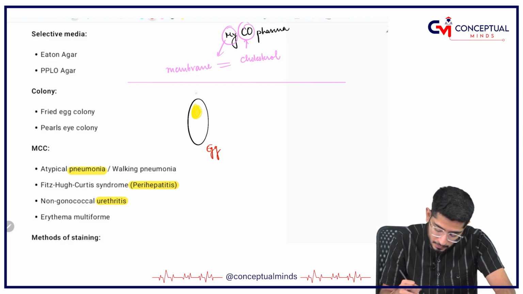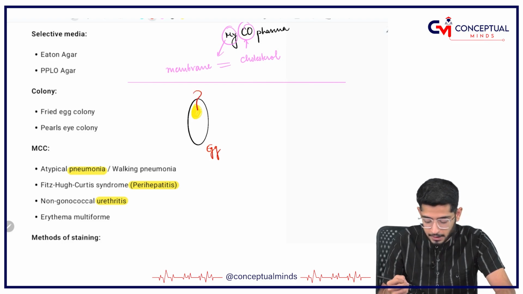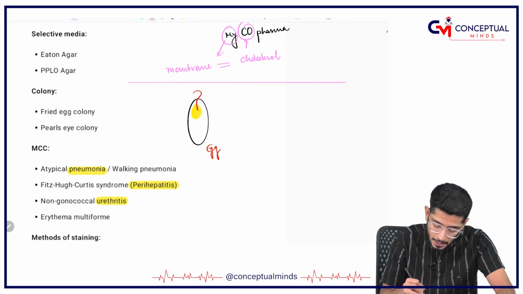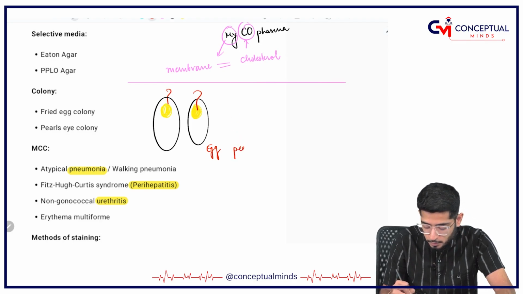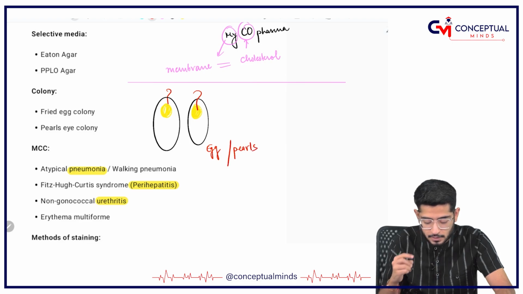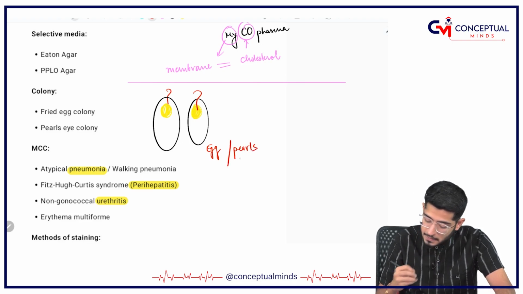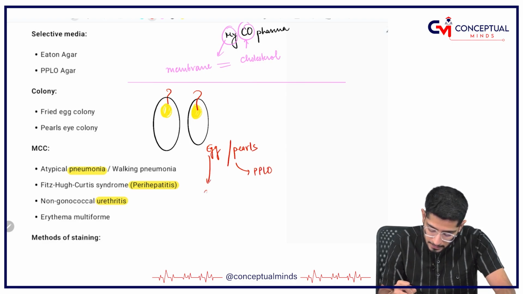If I give this a mark and make one similarly like this, then these become two pearls, two earrings with the pearls. So P for pearls, P for PPLO, E for egg, E for Eaton.